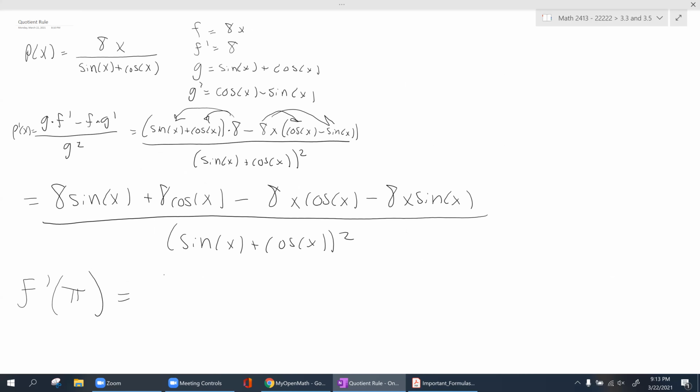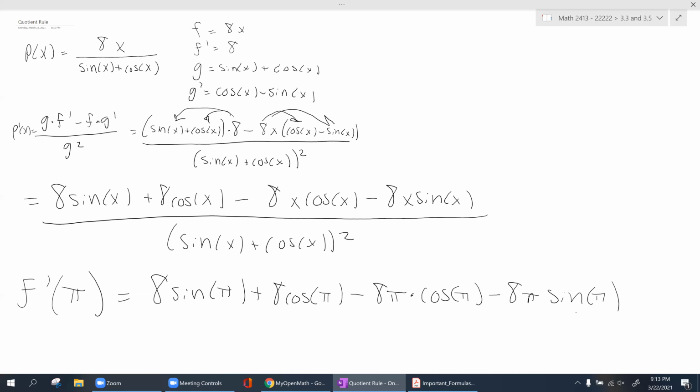So in other words, this here would be 8 sine of pi plus 8 cosine of pi minus 8 pi times cosine of pi minus 8 pi sine of pi, all over sine of pi plus cosine of pi squared.